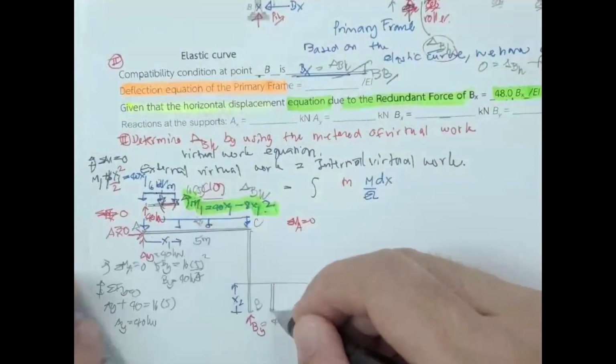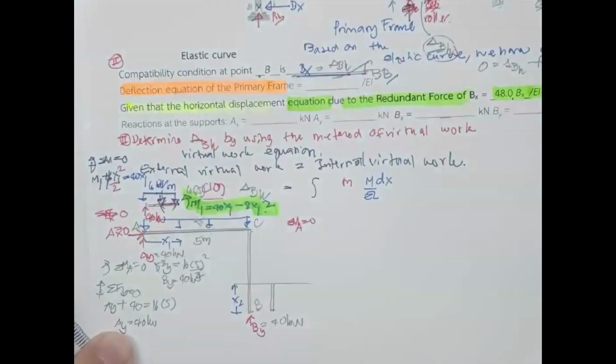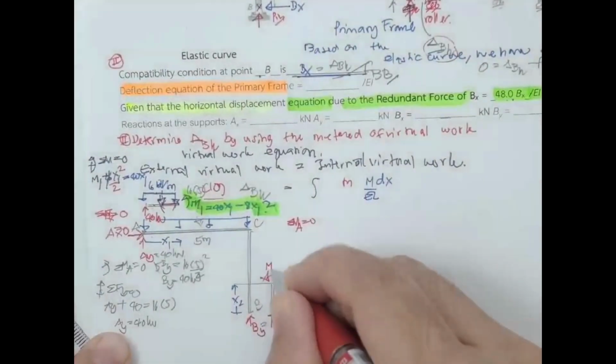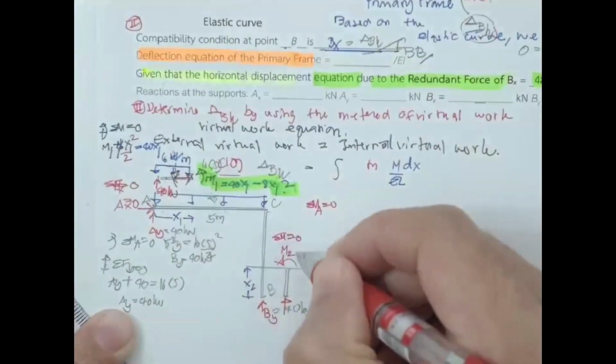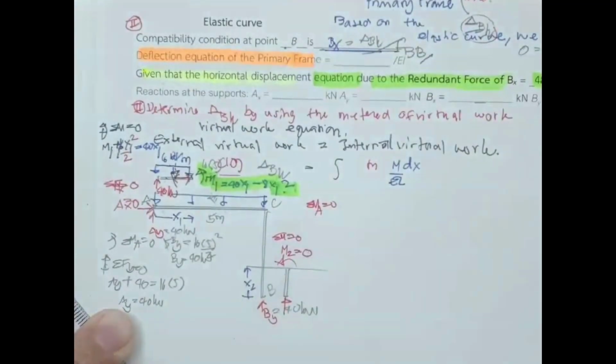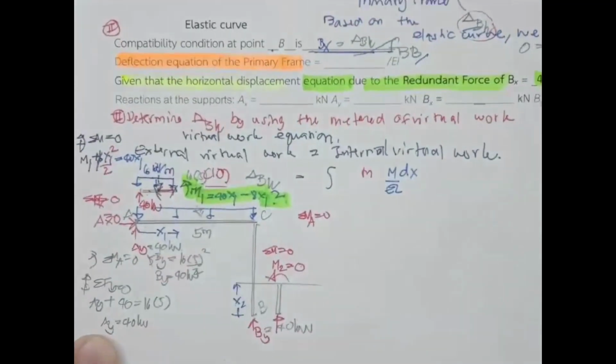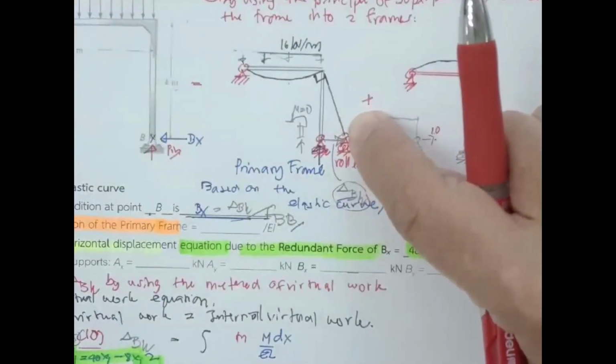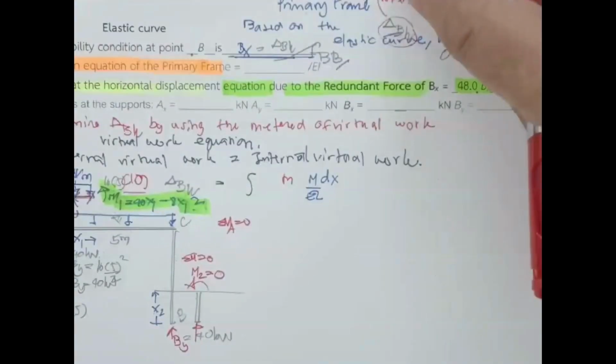The portion subjected to the force B sub Y. And then if you put this one to be capital M2, and as you set summation of the moment equal to 0, you will see capital M2 is going to be 0. Okay, that's why I explained over here, this portion is going to be a straight line since there is no moment.